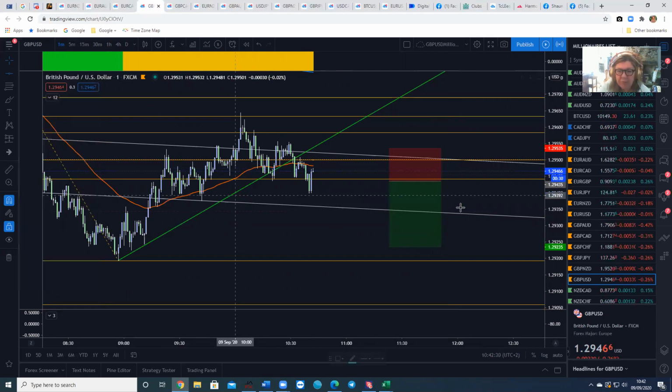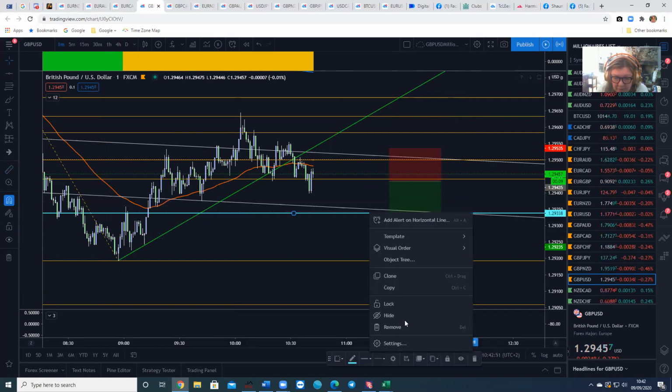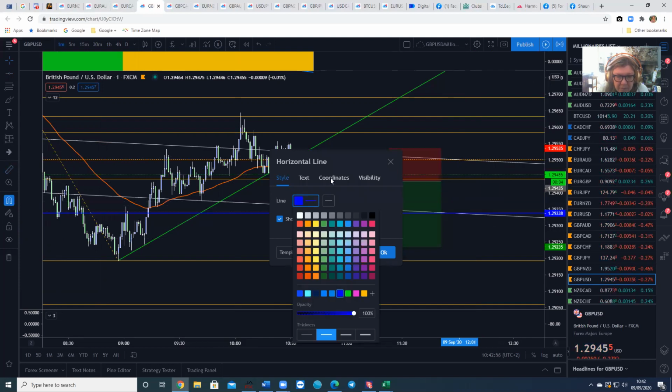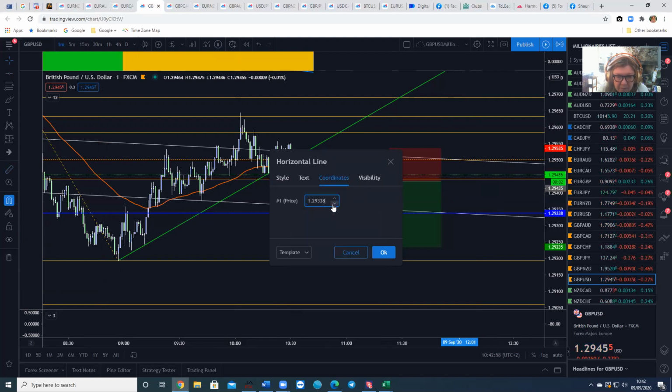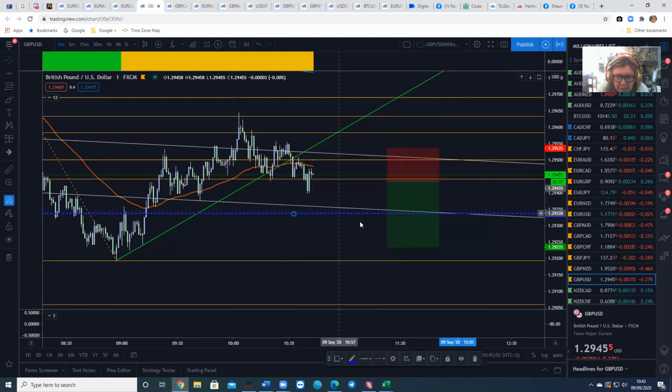Horizontal line, I'm going to put that at, so keep that. 1.29335. Change the color. And then we'll go on to look at some other things. Add alert.